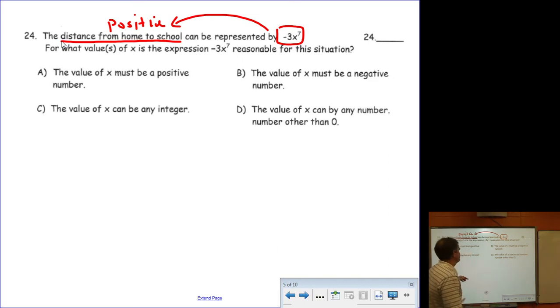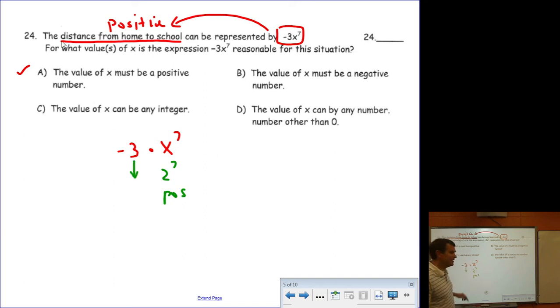Well, let's look. This is negative 3 times x to the 7th. It says in answer A that x must be positive. Let's see if positive numbers work. Uh-oh. So if I put a positive number in for x, like say 2, then I would get a positive result. 2 to the 7th would be positive.